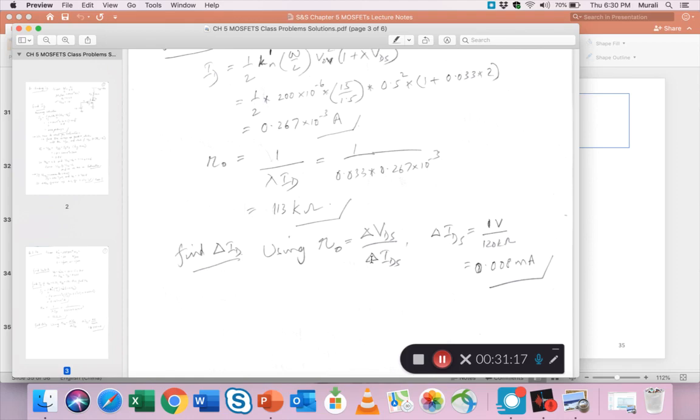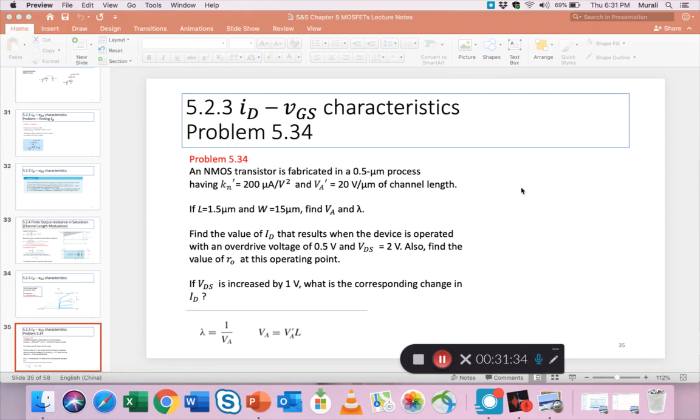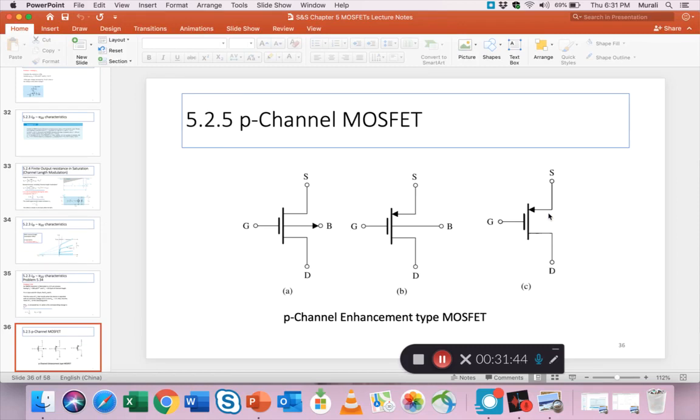Voltage by current is resistance. That gives you the change in drain current quickly as 0.008 milliamps. Okay, I hope this was helpful. You might need to look at it a couple of times to understand all the various steps, but I think it's a simple problem. Okay, let's move on to the next problem.